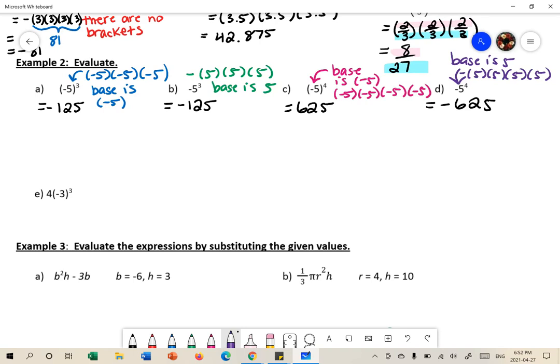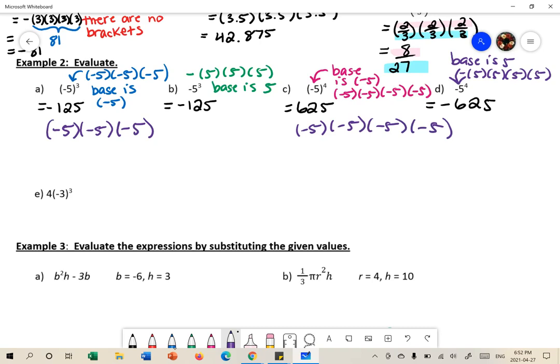Okay, let's look at A and C. So in A, -5 times -5 times -5, they both have brackets. And this one is -5 times -5 times -5 times -5. Okay, but one is an odd number of times that you're multiplying -5 by itself, and one is an even number of times.